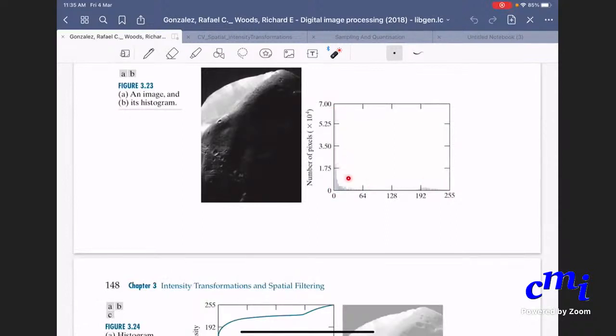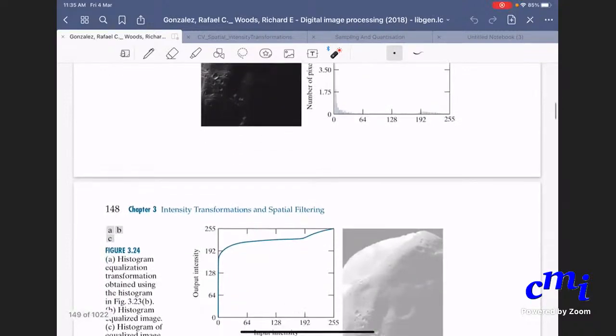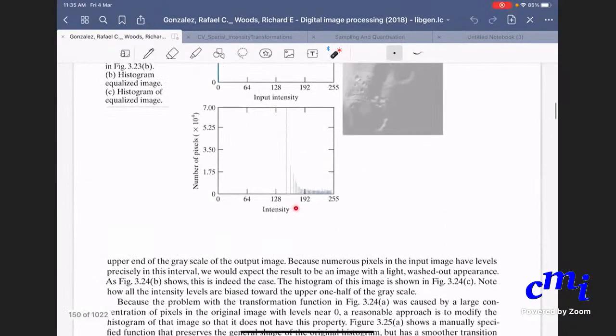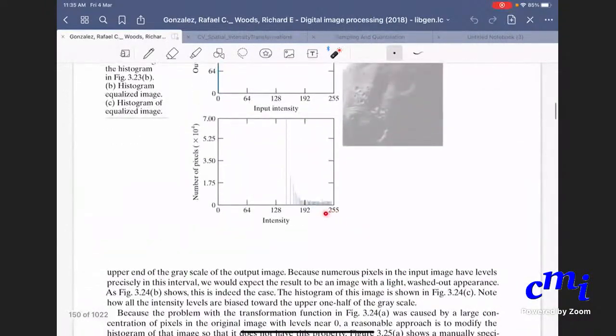If you can keep this shape but move the intensities to lighter pixels a little bit, you can probably obtain a better effect. Instead of getting a histogram like this, which is the equalized histogram, you specify a shape like this. In the equalized histogram, all intensities are lying in this much part. It will be better if these are spread out a bit.